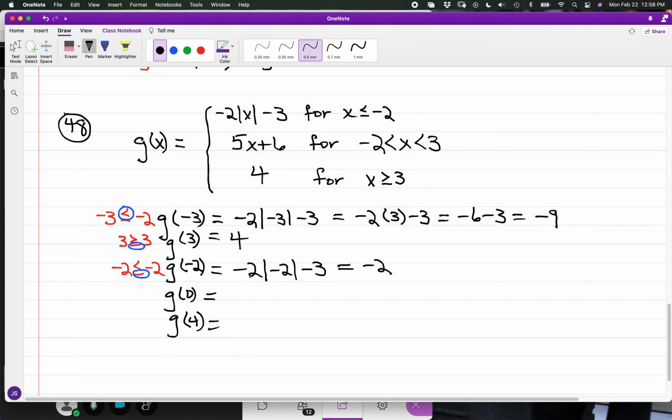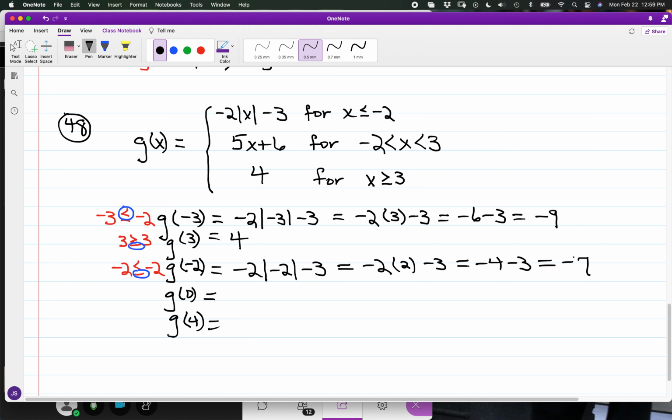The absolute value of -2 is a positive 2, and -2 times 2 is -4. With the subtraction of 3 to follow, we have -4 and -3, so the output ends up at -7.